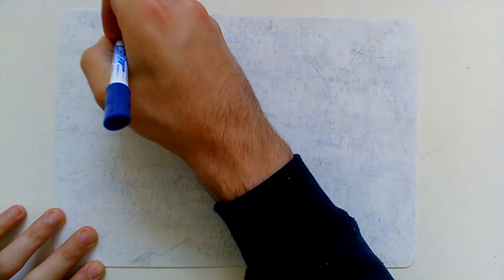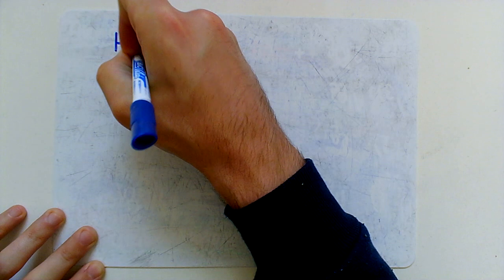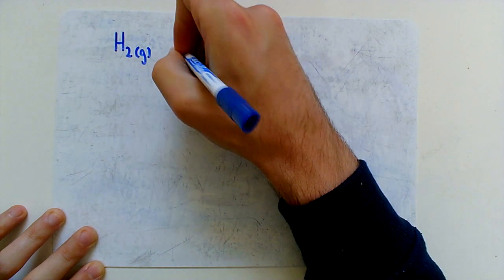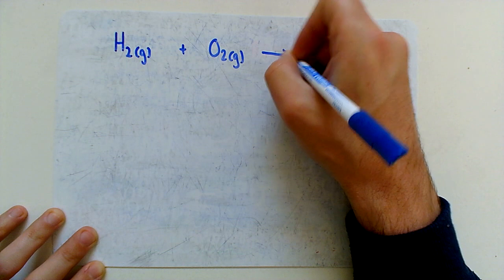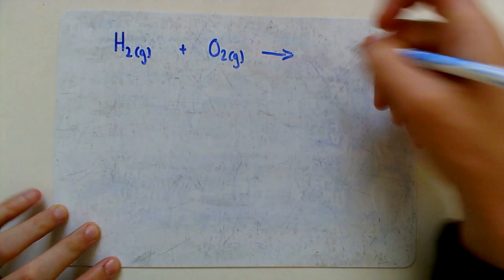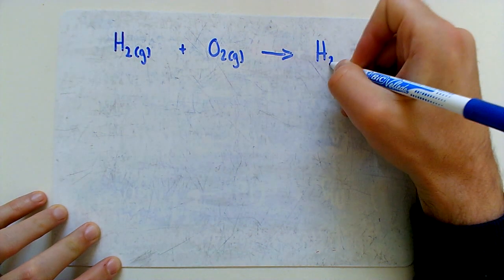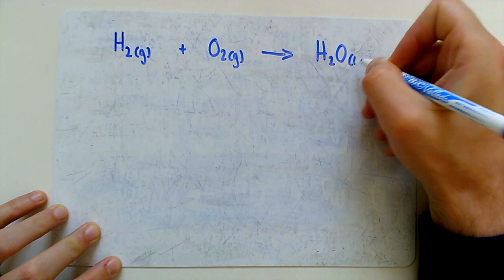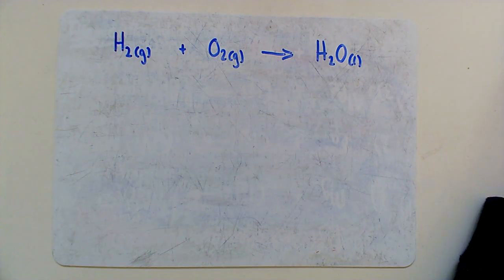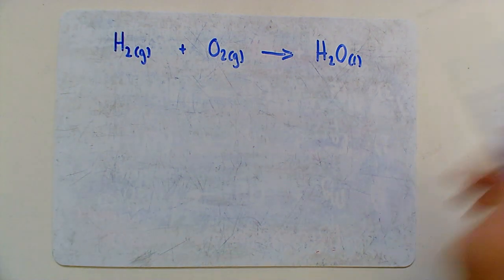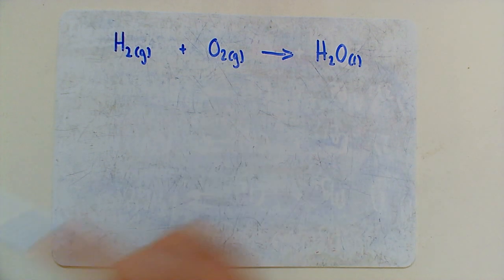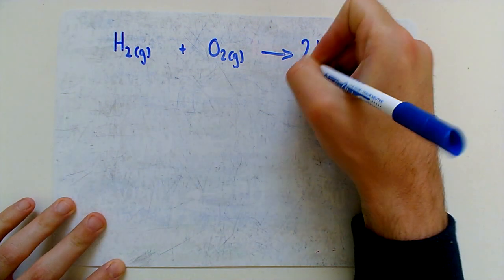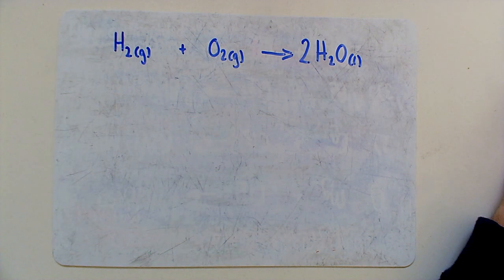So we'll stick with reacting things with oxygen, but this time we'll react hydrogen with oxygen. And when hydrogen reacts with oxygen, we get H2O. Now, if we want to balance this equation, we've only got 1 oxygen on this side, but we've got 2 on this side. So we need to multiply it by 2.